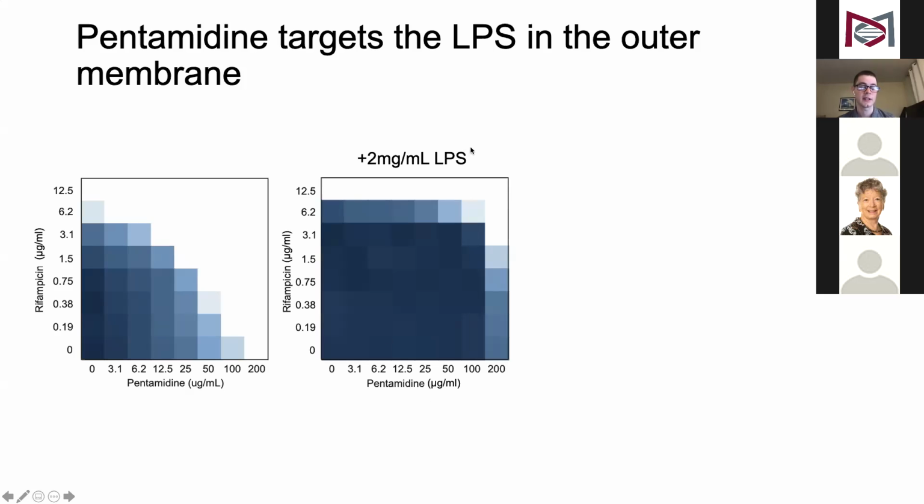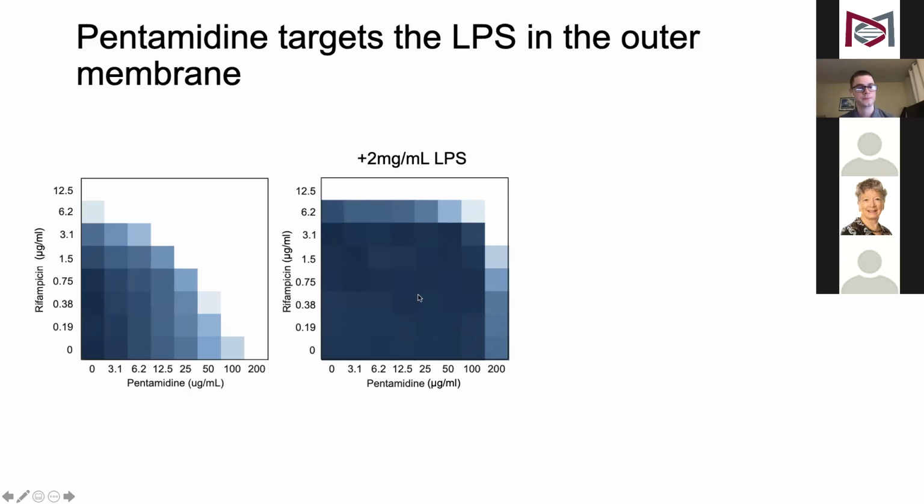Indeed, with the addition of exogenous LPS, we lose our nice staircase checkerboard and are left with very little interaction between pentamidine and rifampicin. So we attribute this to pentamidine binding LPS, getting mopped up, and now unable to interact with the outer membrane LPS.